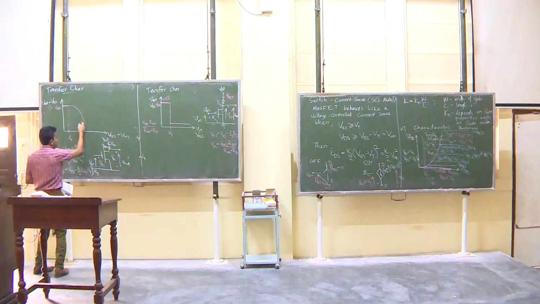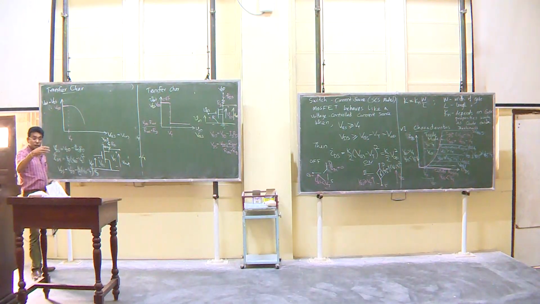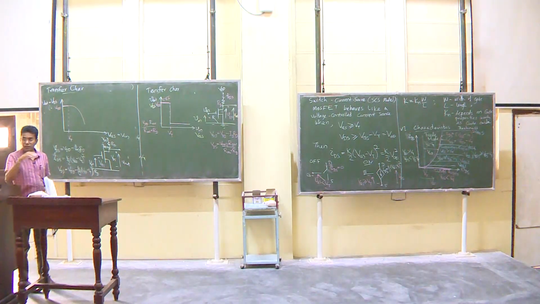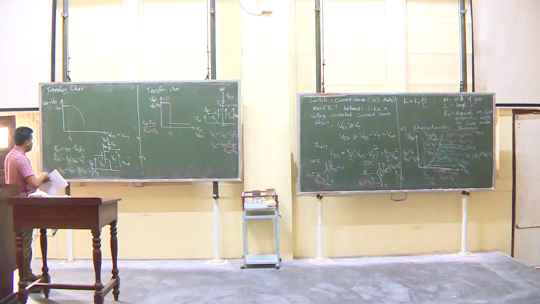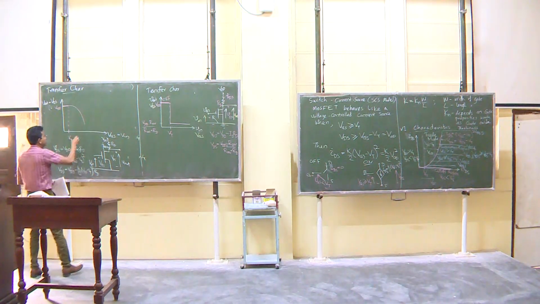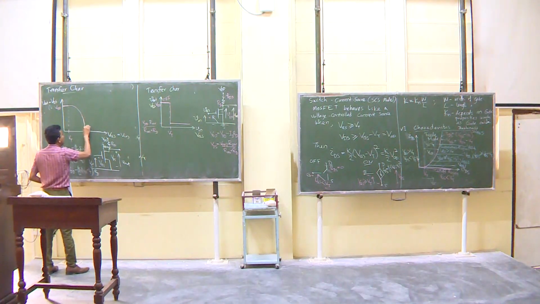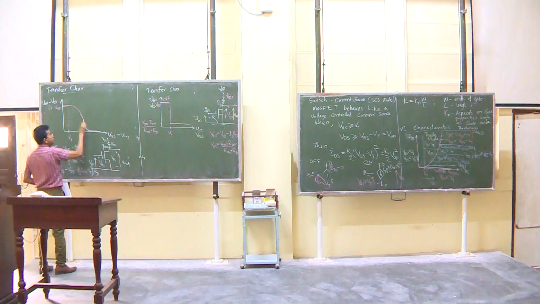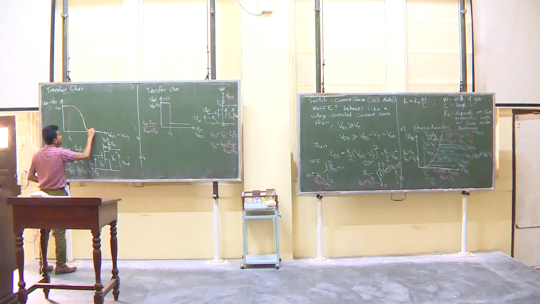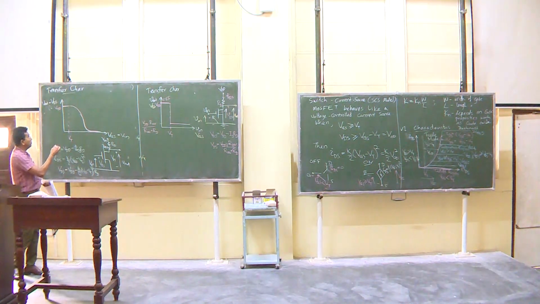As VGS increases, current goes to a certain value, and at some point it will be almost no voltage. So, therefore, this value gets saturated somewhere here. There may be some voltage here, but for the time being let us say something like that.